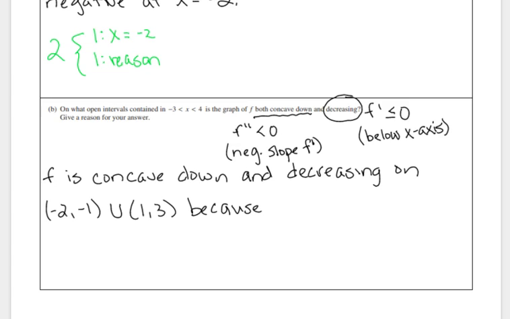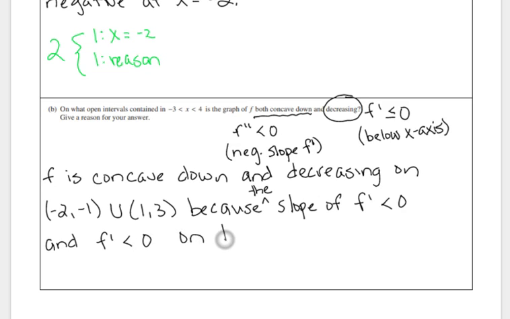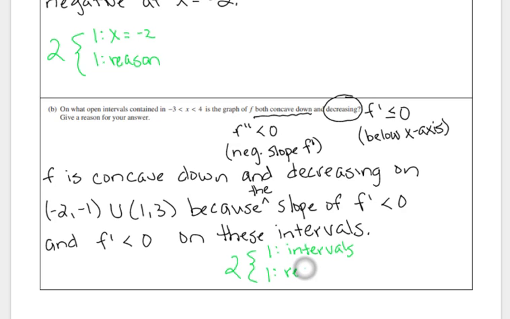The slope of f prime is negative, and f prime is less than 0 on these intervals. All right, so if we think about points for this one, this was worth 2 points. So it's 1 point for getting the correct intervals, and it's 1 point for your reasoning.